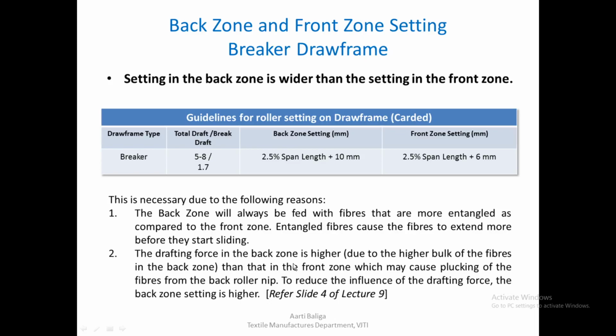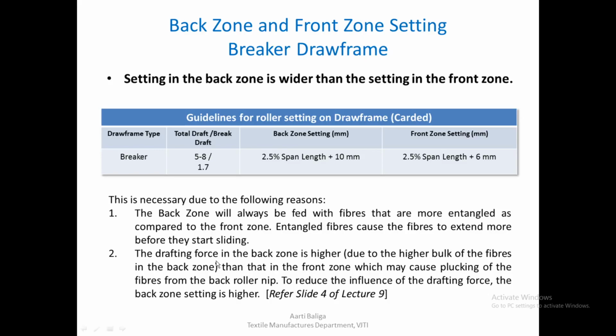The drafting force in the back zone is also higher. You can refer to the drafting force lecture and refer to slide number 4 of lecture 9 for this. Since the bulk is higher in the back zone, because the material is just being fed, as compared to the front zone, where as soon as the material comes, it will be drafted, and the draft in the front zone is higher than that of the back zone.